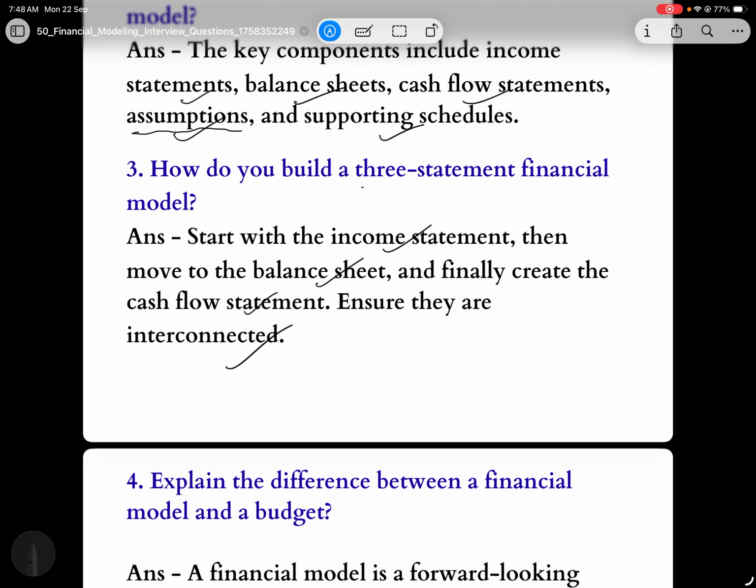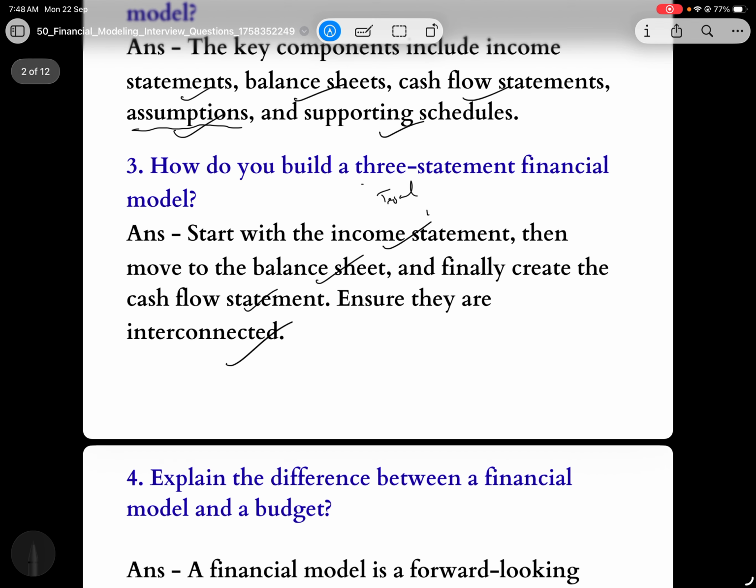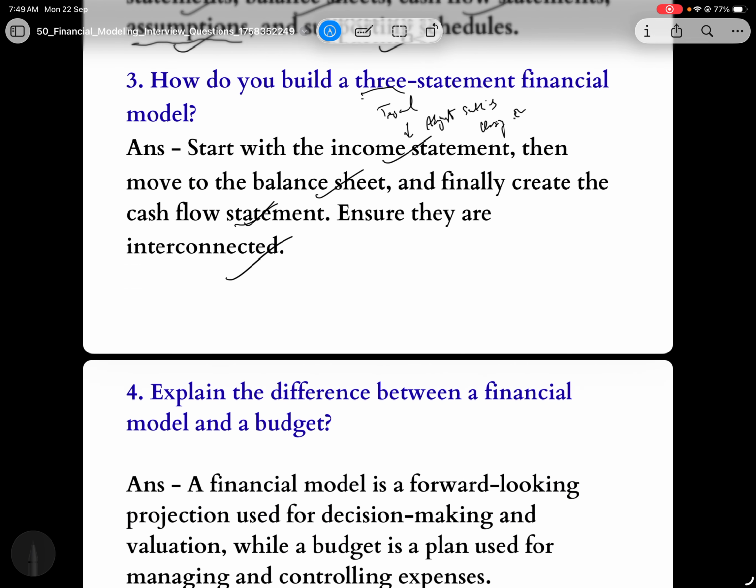Mostly we start from your trial balance, do some adjusting entries, and then we do closing entries, then prepare the income statement, and prepare schedules and stuff, right? Then we move to the balance sheet, update the schedule, and then we create the cash flow statement and statement of changes in equity, right? Since this question only talks about three statements, there are other steps involved as well.